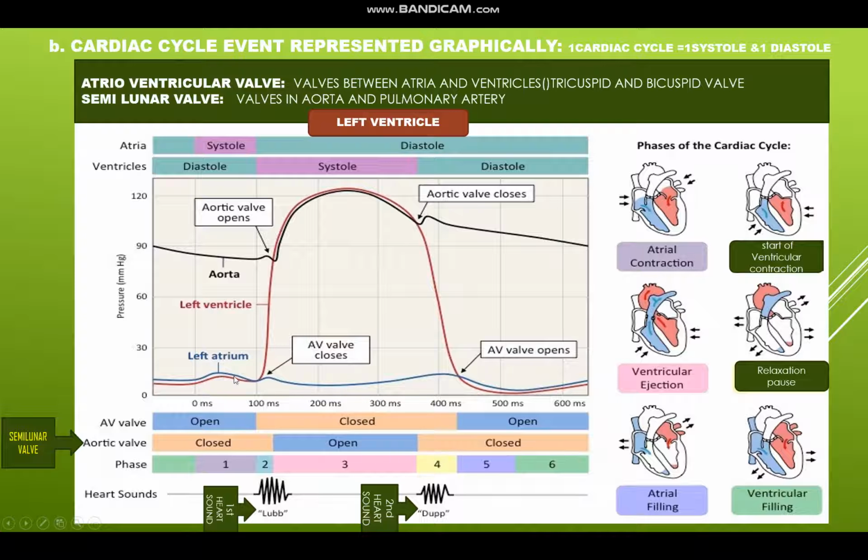As the pressure is less, the amplitude of the wave is small. The red line represents the pressure in the ventricles. As the ventricular contraction is strong, it causes the high amplitude waves seen in the cardiac cycle.